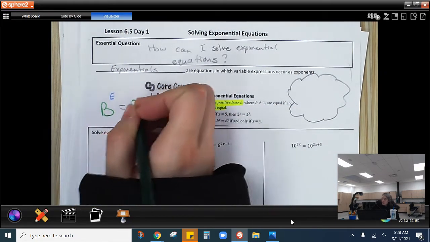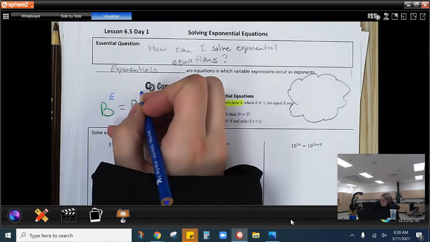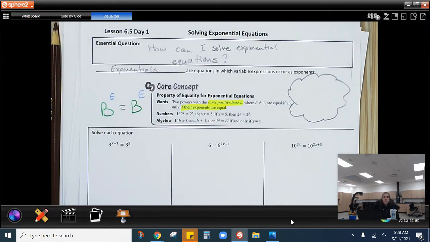So if we have two bases and they have exponents, they must be equal, right? Let me show you what this means, because I know just saying that is a little weird, right? What does that mean?